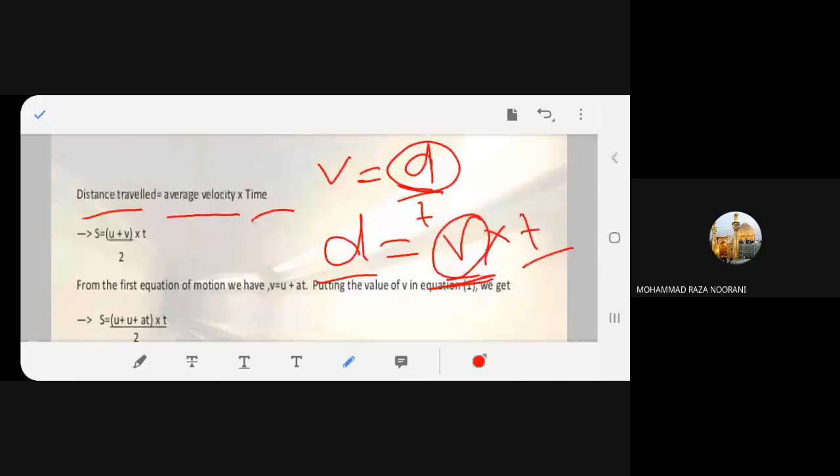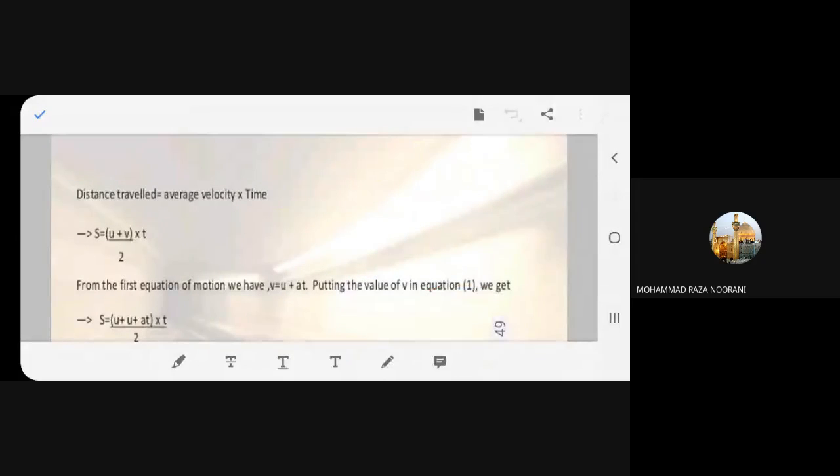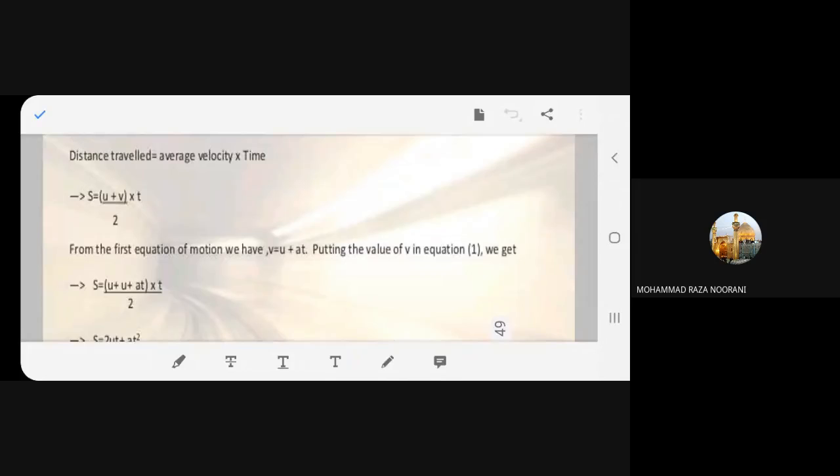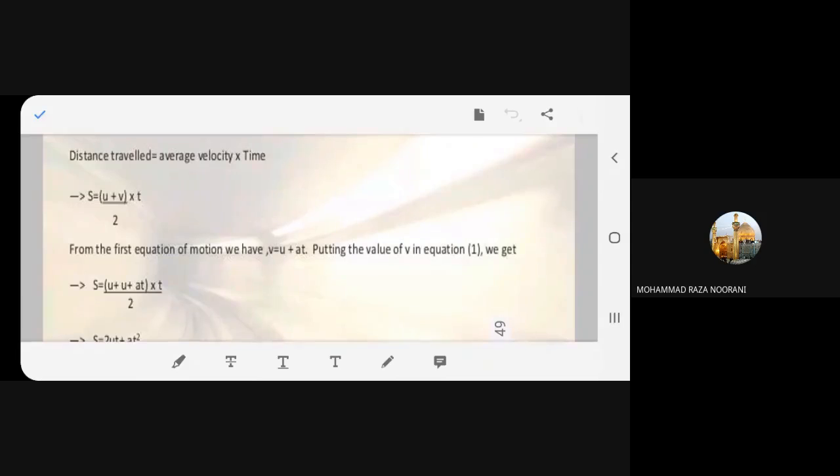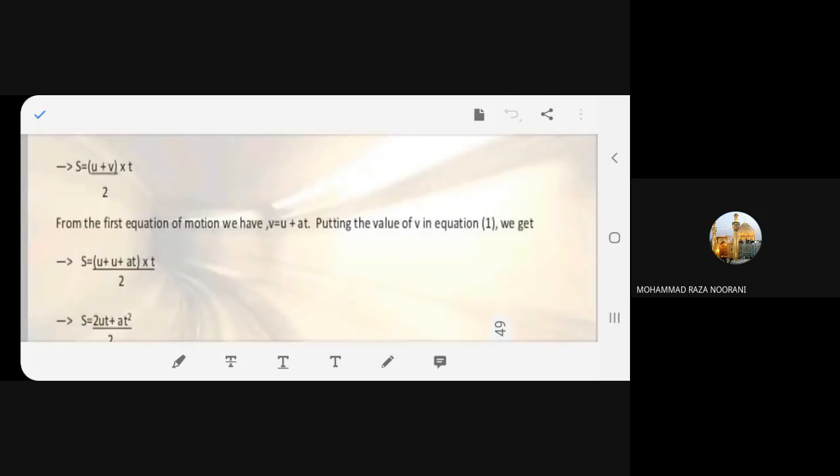How I did it? So distance traveled is equal to average velocity into time. Distance is s. The average velocity is u plus v upon 2, into time. This is how you have derived.